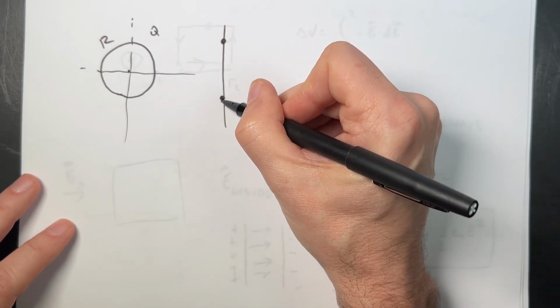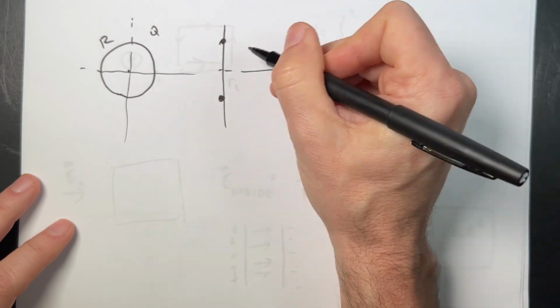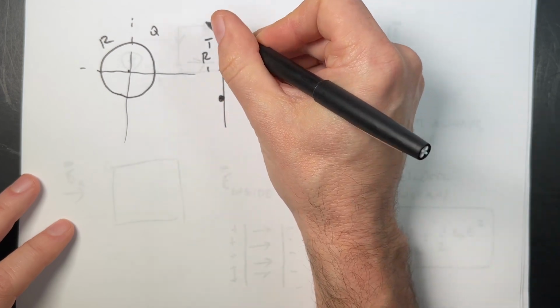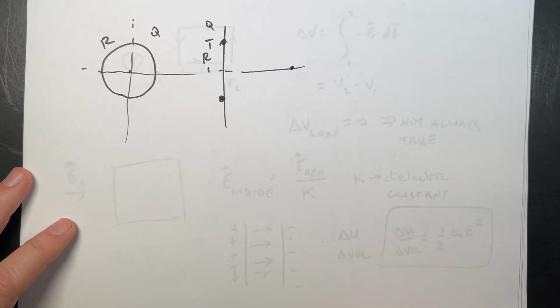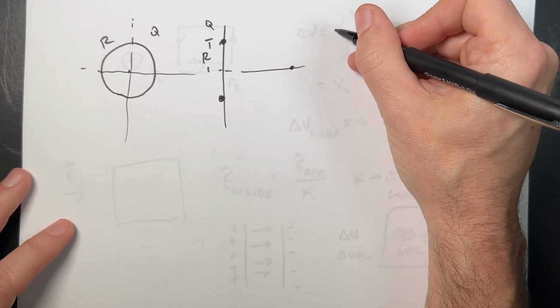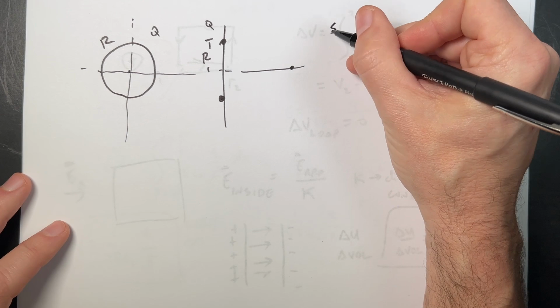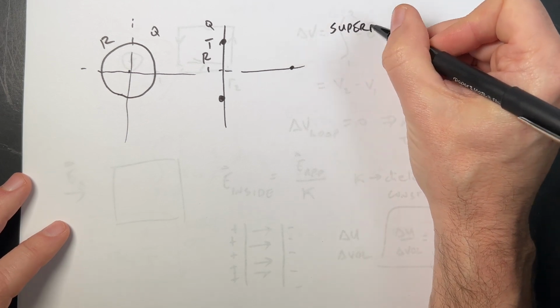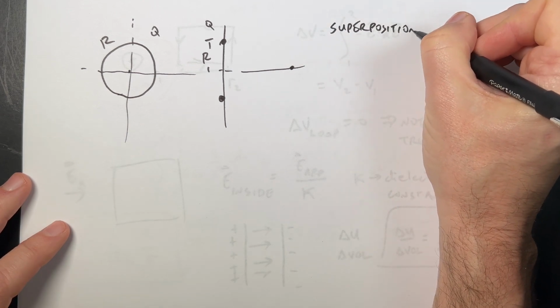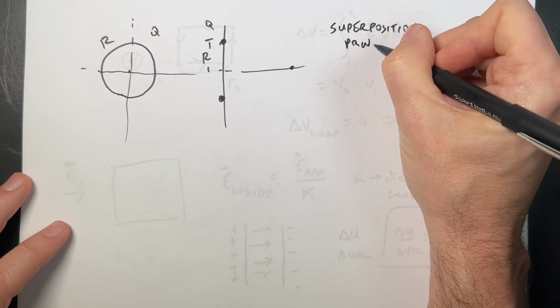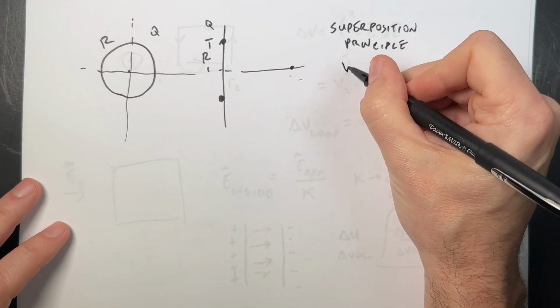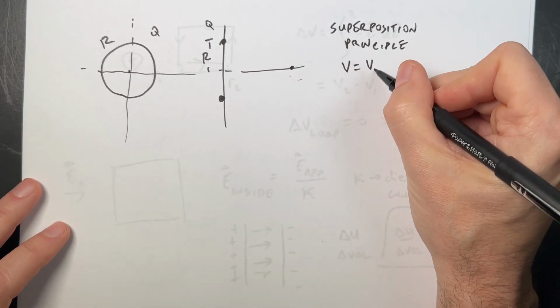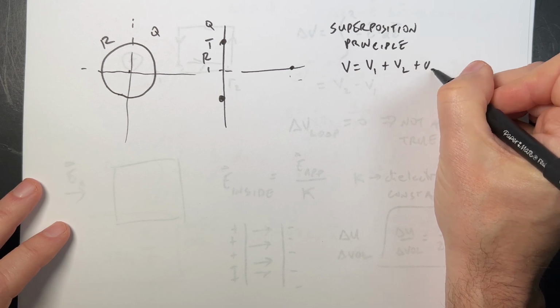Here it is looking from the side, and that's the charge Q. I want to find the potential V right there. Well, we did this before with the electric field. If I want to find the potential there, the potential also obeys the superposition principle. And so that means that V is going to be V1 plus V2 plus V3, and so forth.